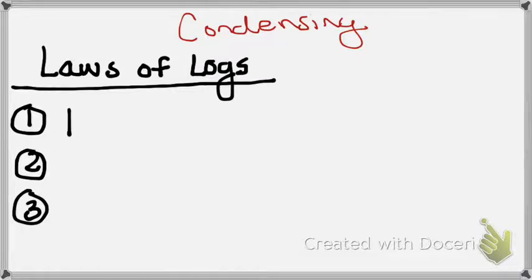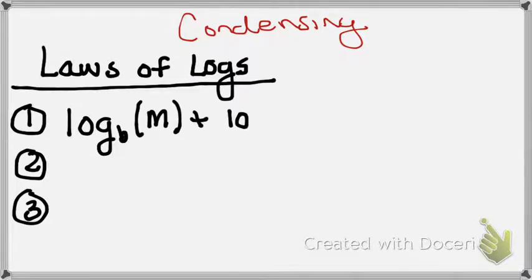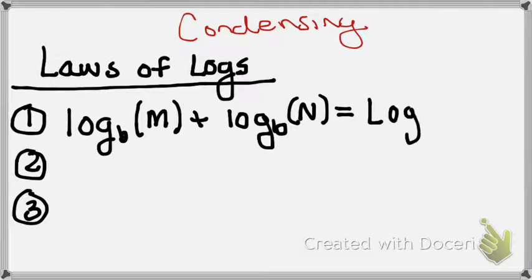That tells me that log base b of m plus another log base b of n is equal to, aka we can manipulate this form to be log base b of m times n.